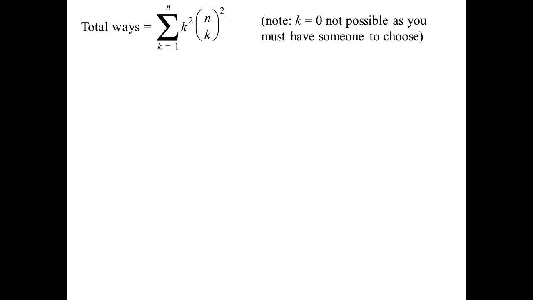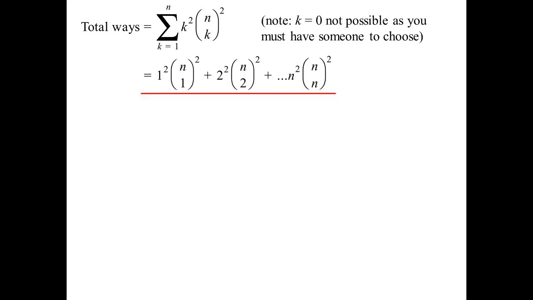Well, I think I've pretty much decided now that k equals 0 is not a group here, because if I'm not choosing any, how do I pick a leader? I can't. So in our sum, we must start from 1. So k equals 1 to n, my general term that we just worked out, k squared nCk squared, which would be, if I write that out, 1 squared nC1 squared plus 2 squared nC2 squared, and so on.